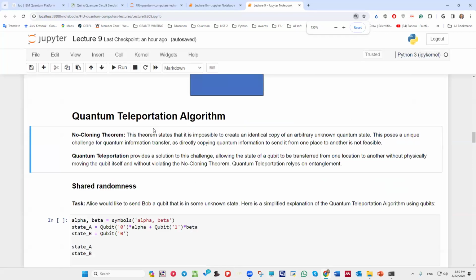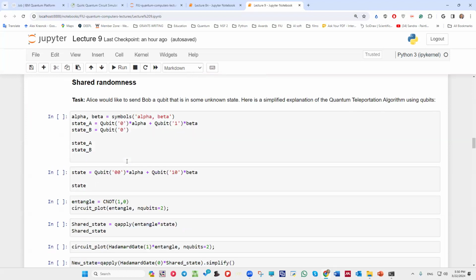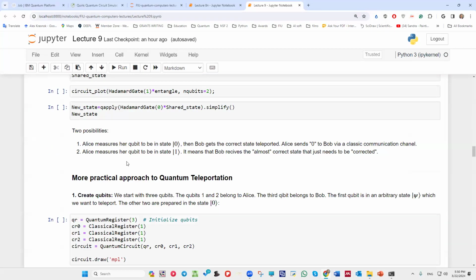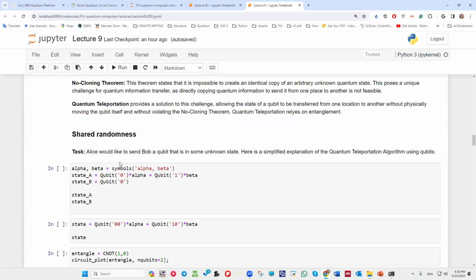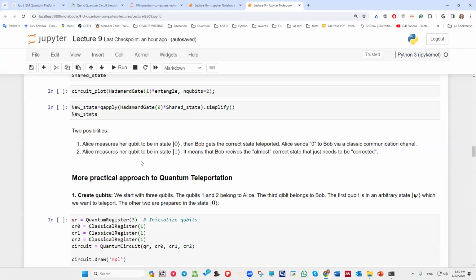So having said this, let me transition to the quantum teleportation algorithm. This is the first algorithm we're going to discuss, and at the same time, the simplest one. I want to describe the basics first, give some introduction, and then discuss a more practical approach to quantum algorithms.